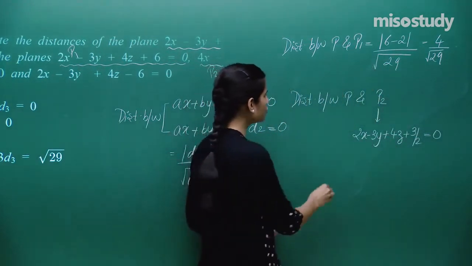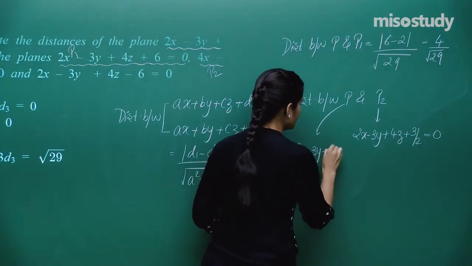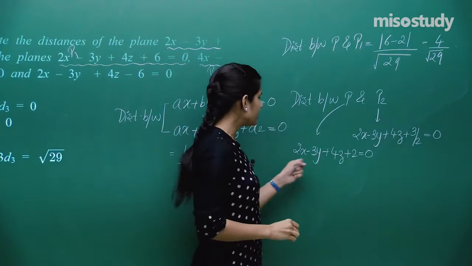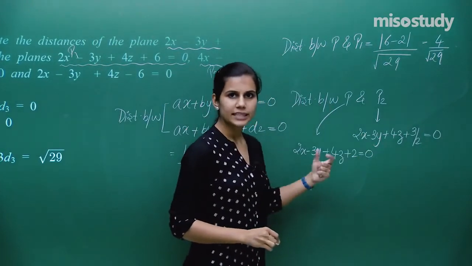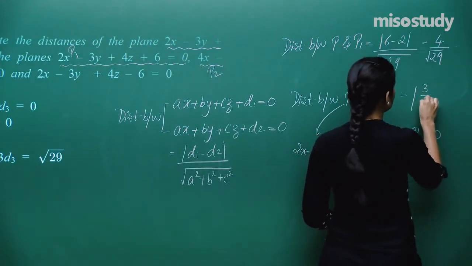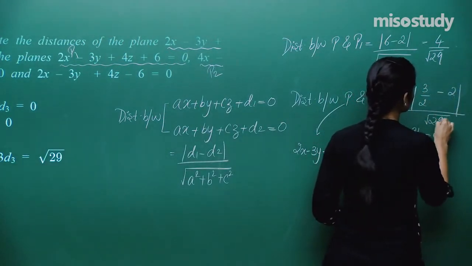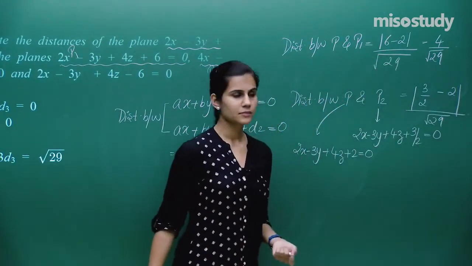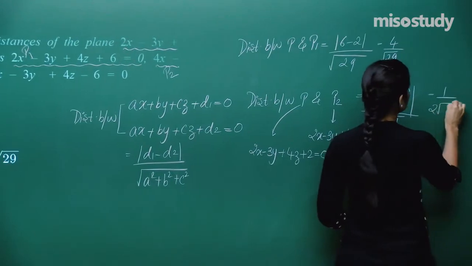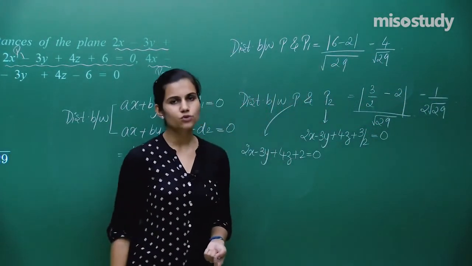This is my plane 2, and plane P I know is 2x minus 3y plus 4z plus 2 equals 0. Again you can see A, B, C are matching, D1 and D2 are different. Distance is given by mod of 3 by 2 minus 2 upon again root 29. This gives you 1 by 2 root 29, because this is 3 minus 4 which is minus 1 by 2, which is 1 by 2.